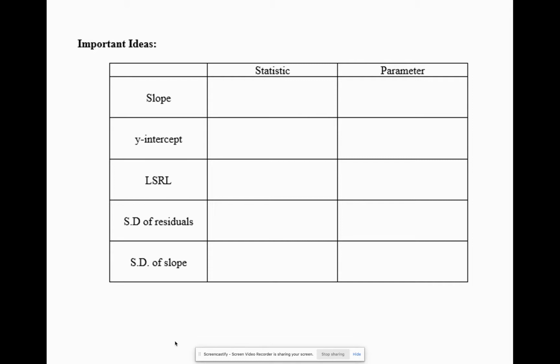As a recap, we're going to talk about some symbols that we use when we're dealing with linear regression. In the past, like in chapter 3, we used the symbol b to represent the slope of a best fit line, and a to represent the y-intercept. So when we wrote the equation for the least squares regression line, we wrote it as y hat equals a plus bx.